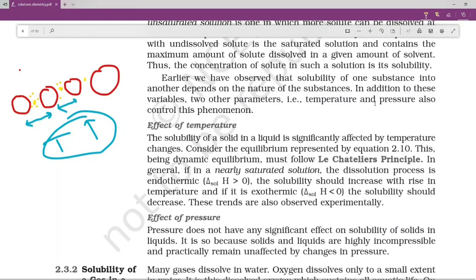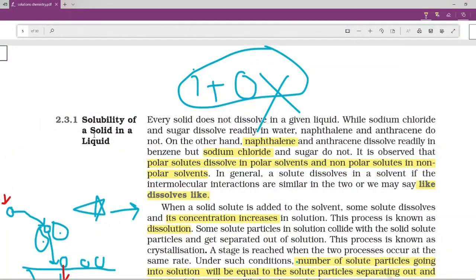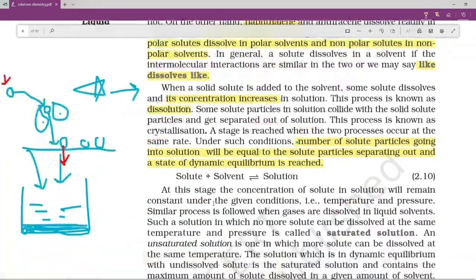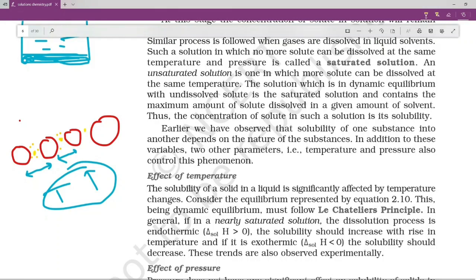Now if we discuss the effect of pressure, then pressure does not play a very important role in this case, that is, solubility of solid in liquid, because both are incompressible in nature. Incompressible means the bulk modulus, which is defined as the pressure applied divided by the change in volume.